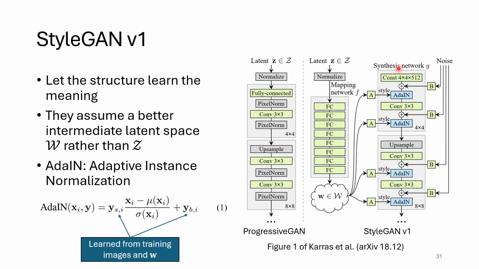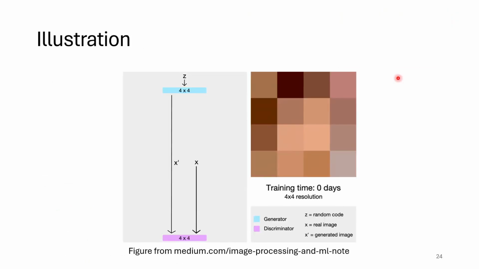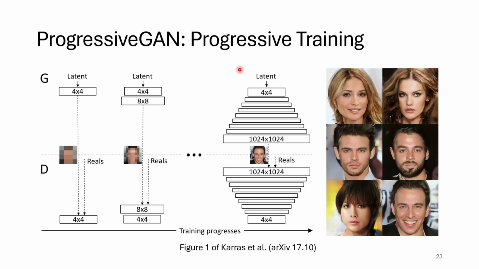What does it mean? Given something, the something means a constant input signal. So here, for StyleGAN, this is their latent. But to generate the image, let's see here. In the progressive GAN, they use the latent Gaussian variable to generate the 4x4 first layer.